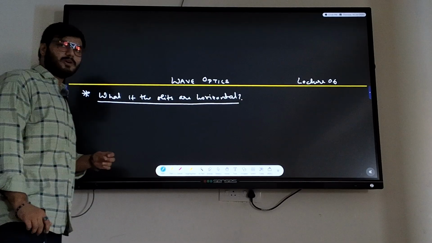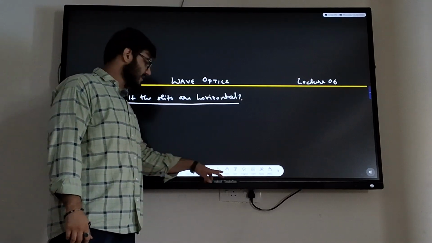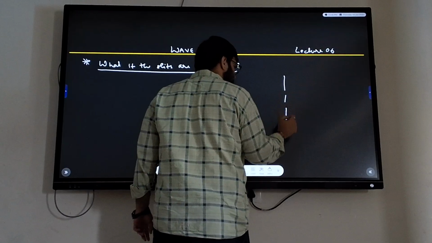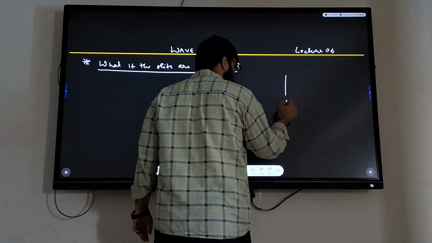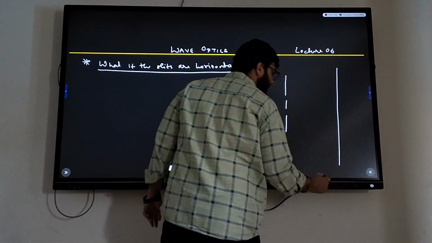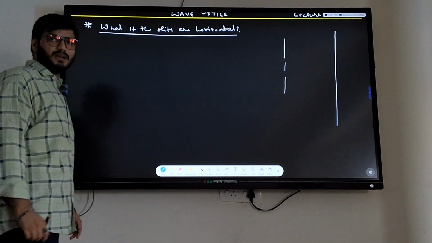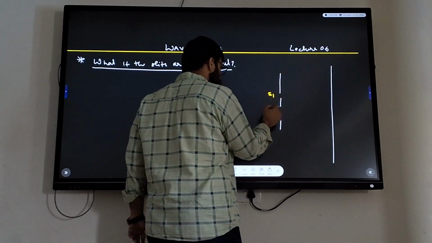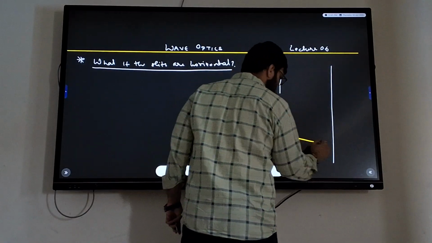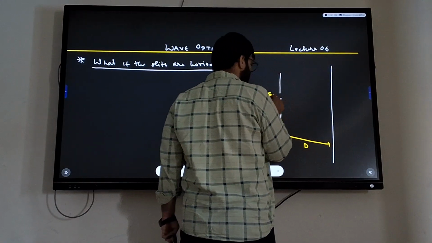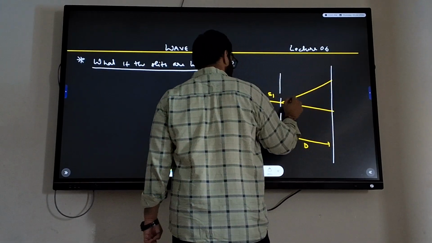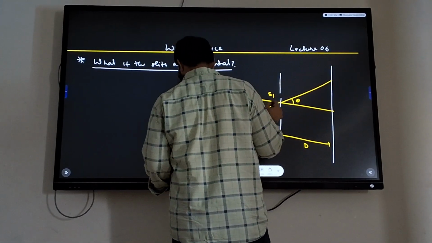We have been talking about vertical slits, and when I say vertical slits, I mean this: I have two slits here and there's a screen here, and let's say this is slit 1 and slit 2, and the distance between these two is capital D, and this is my center line, and there will be a point P which is subtended by this angle.